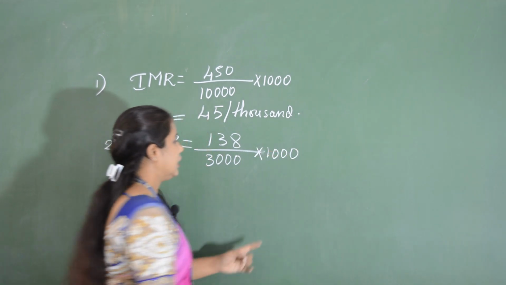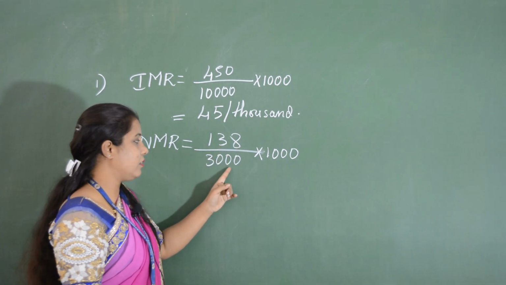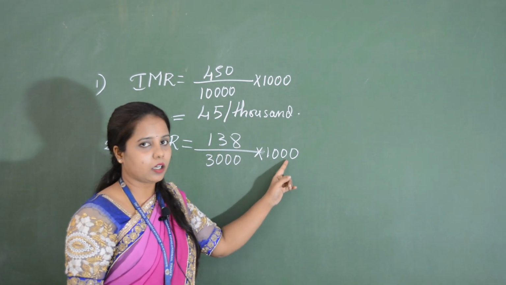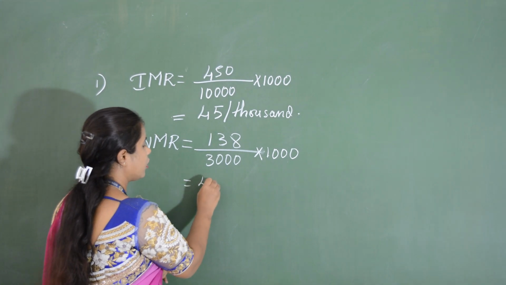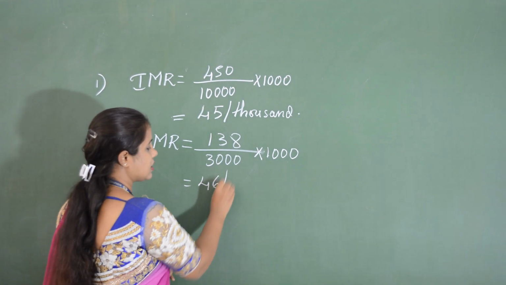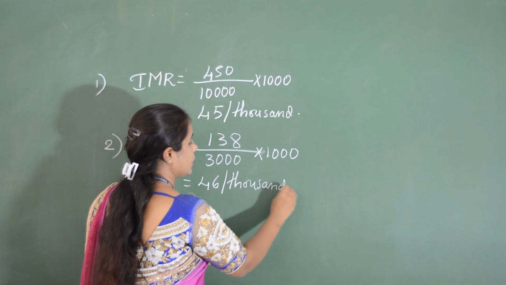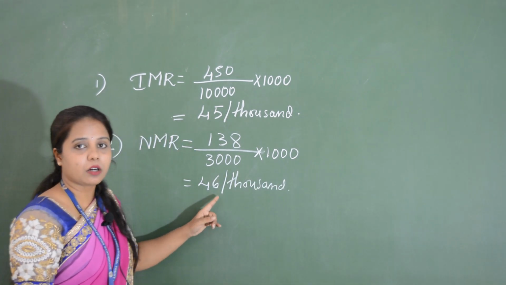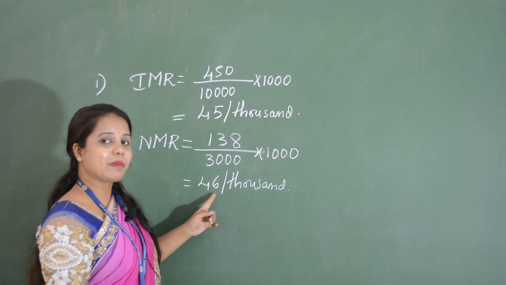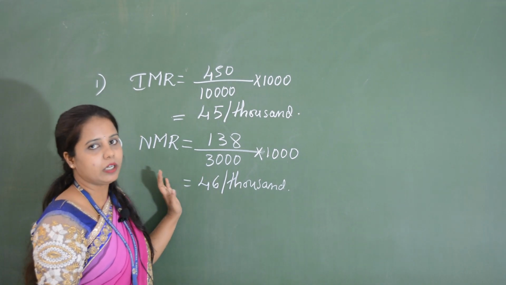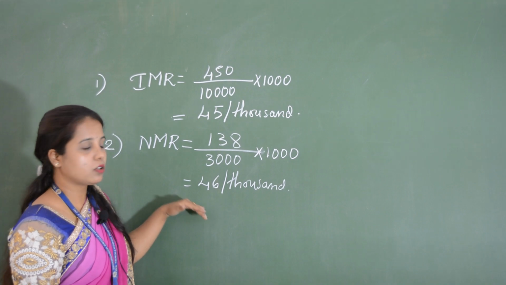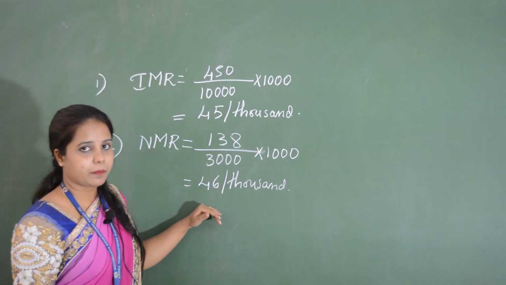So 138 divided by 3,000 into 1,000 is 46. So 46 per 1,000. That means for every 1,000 live births, 46 babies will die in neonatal stage. So this is the solution for NMR.